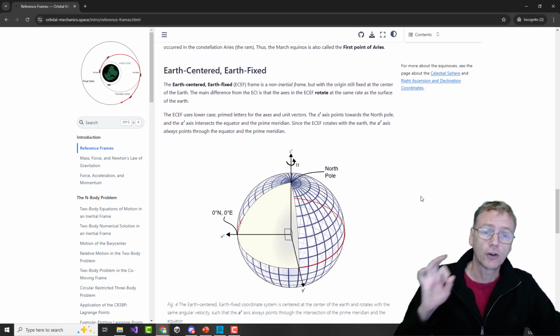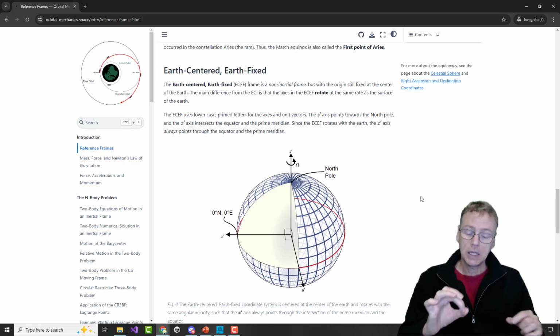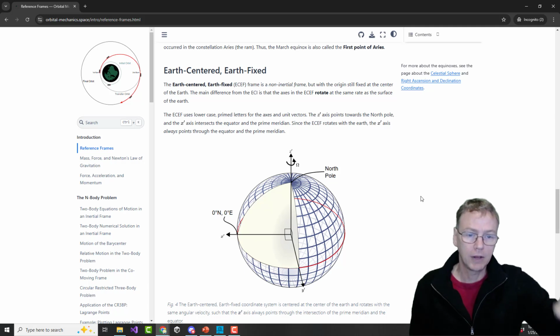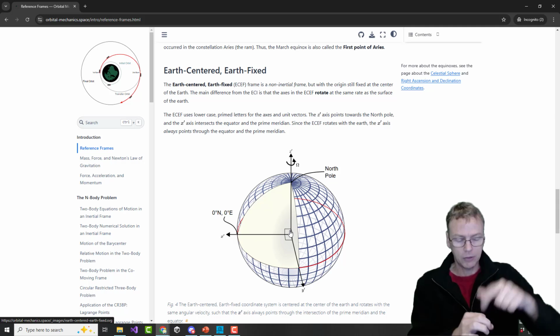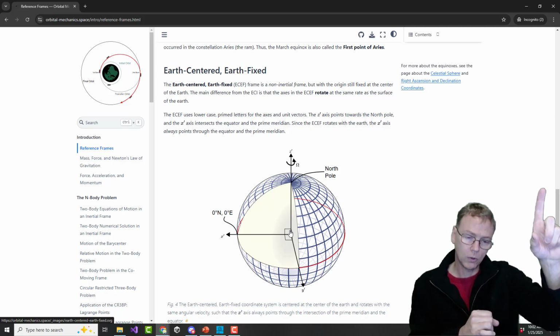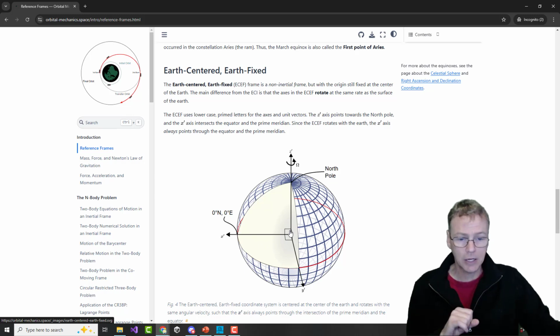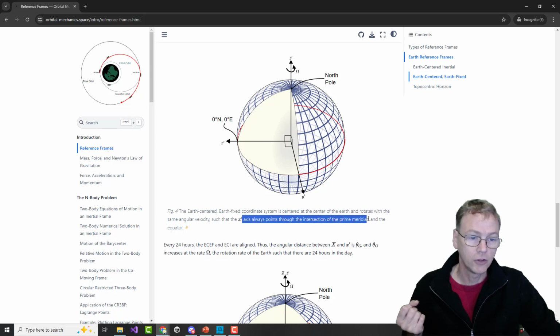Okay, what's the other one? The Earth-centered, Earth-fixed, or ECEF reference frame is one that is, again, centered on the Earth. So we're going to center it just like we did before, where the z-axis goes right through the celestial North Pole. But now the x-axis is going to be attached to the prime meridian.